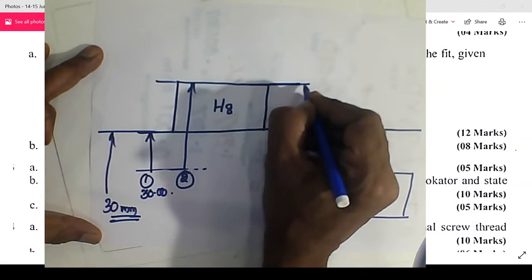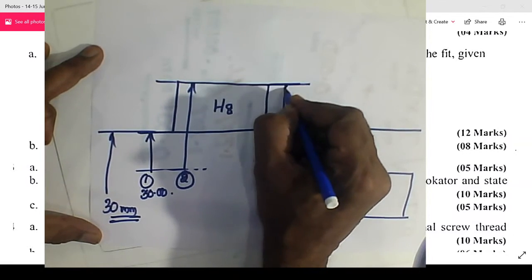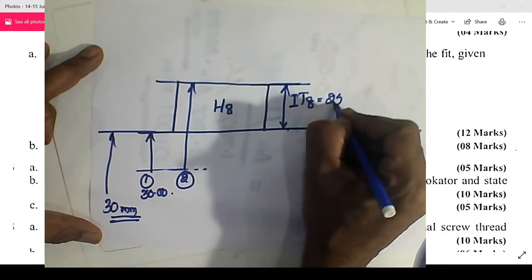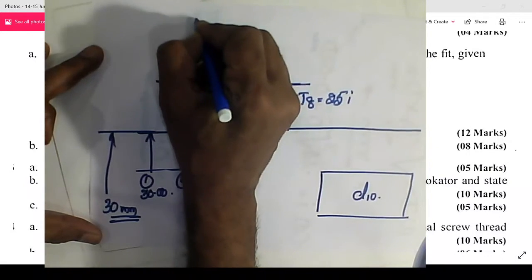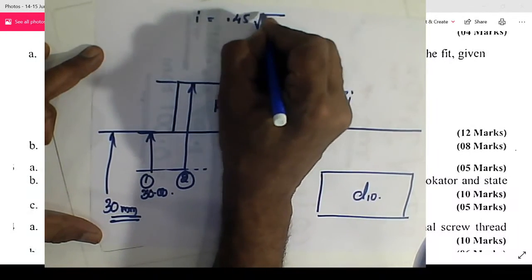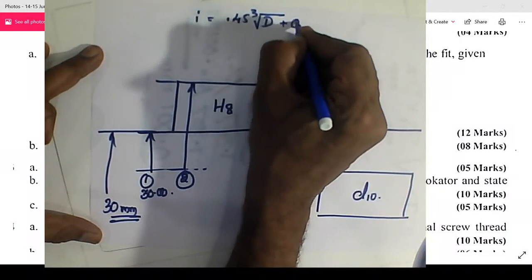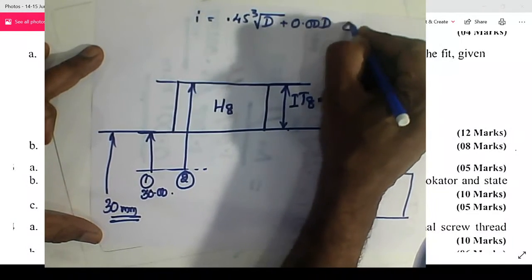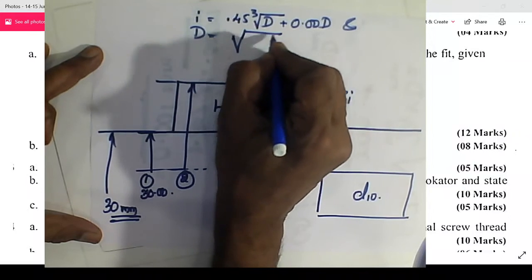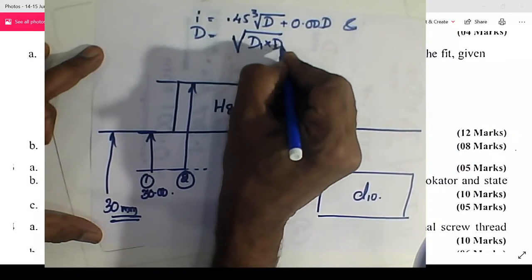Second value you have to find out, IT8. IT8 is equal to 25i. i is equal to 0.45 cube root of D plus 0.001D, and D is equal to root of D1 into D2.